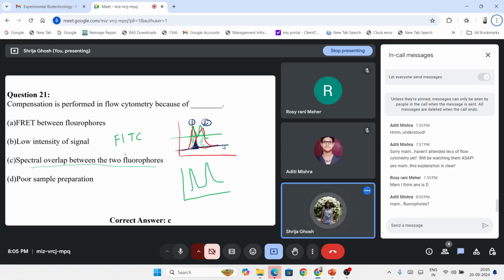Now that molecule can be attached to any cell. This is called a fluorophore, because now we are using this molecule as a tag, and this tag has fluorescence. So it's like a label. Any fluorescent label is called a fluorophore.